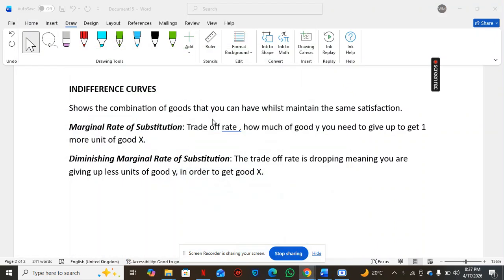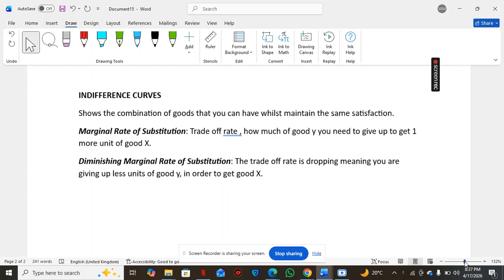Yes. So we're talking about indifference curves, all right? This is an indifference curve. This is how it looks.